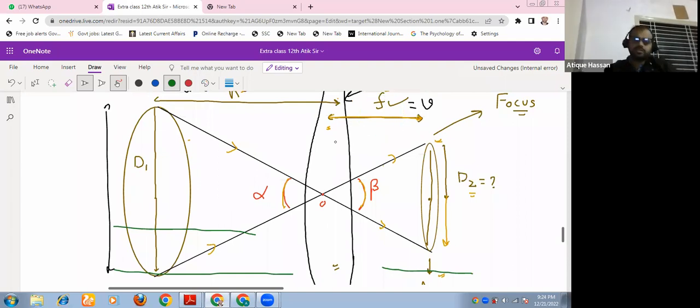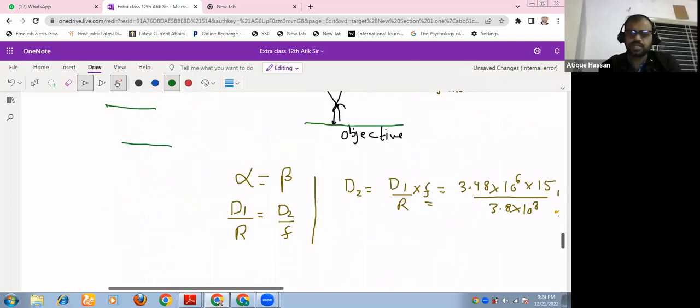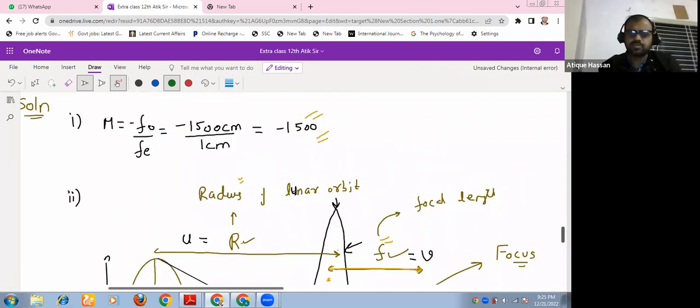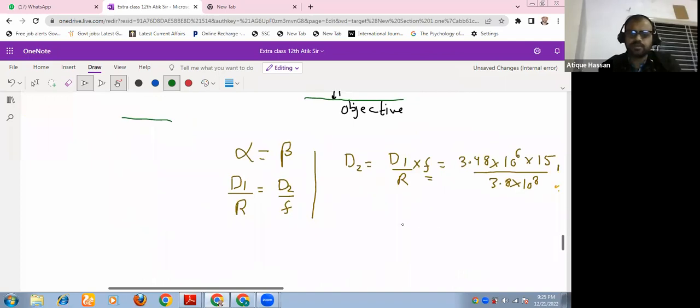We know that for the normal adjustment, the image must be at the focus. So from there you can write angle beta is equal to d2 by f. So from here you can find the diameter of the image. Got it? Understood? Anyone having any doubt, please ask. All right.